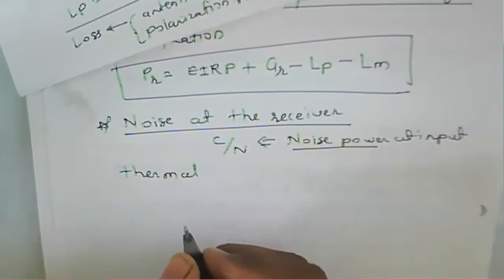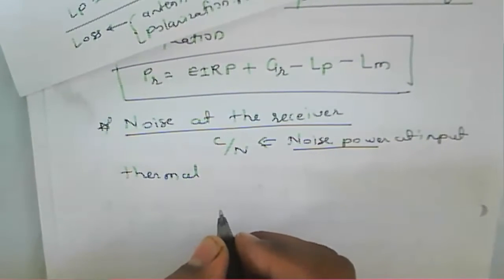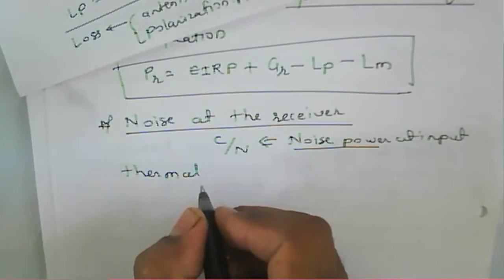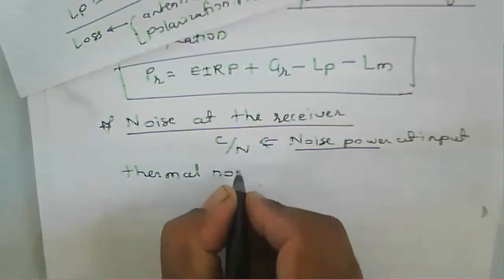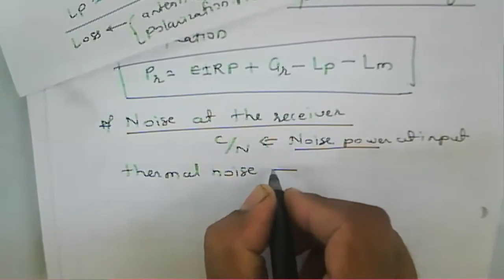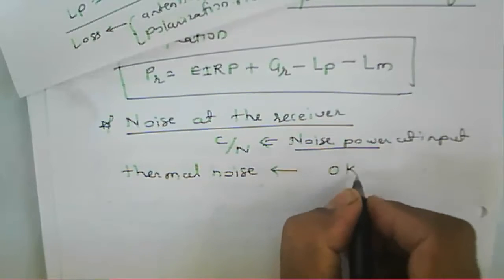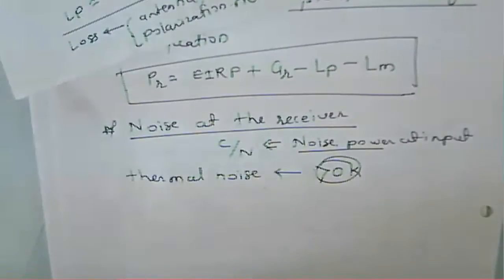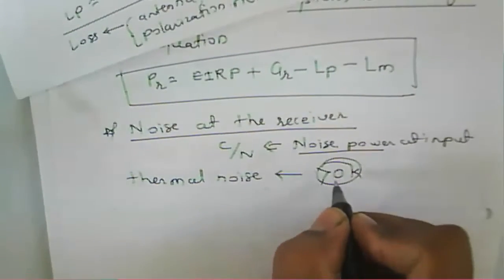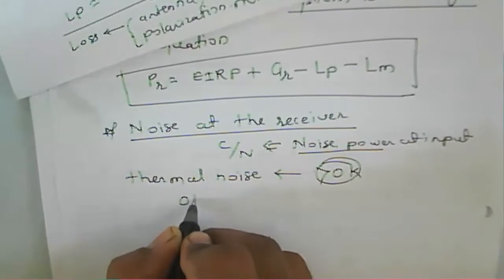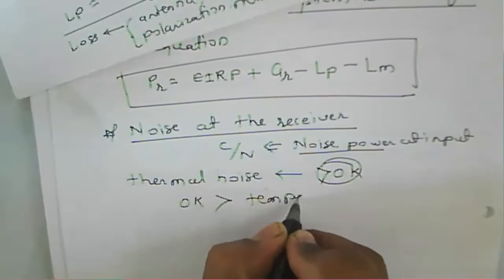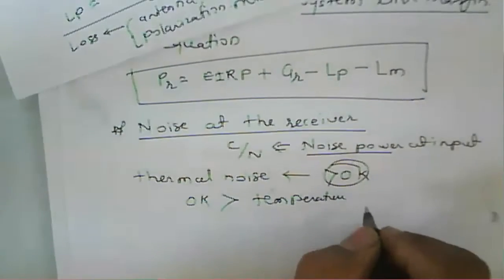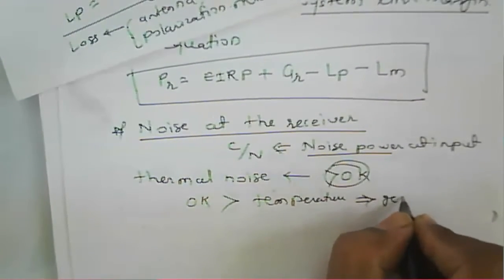Generally we say that at 0 Kelvin the system works properly, all the components work properly, and above 0 K there will be a temperature rise, and because of the temperature rise there will be thermal noise. So above 0 K there is a temperature rise in the given component, and because of that it generates noise.